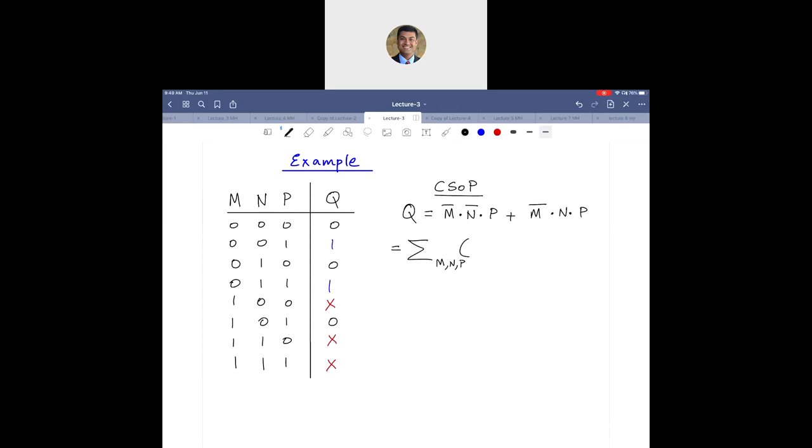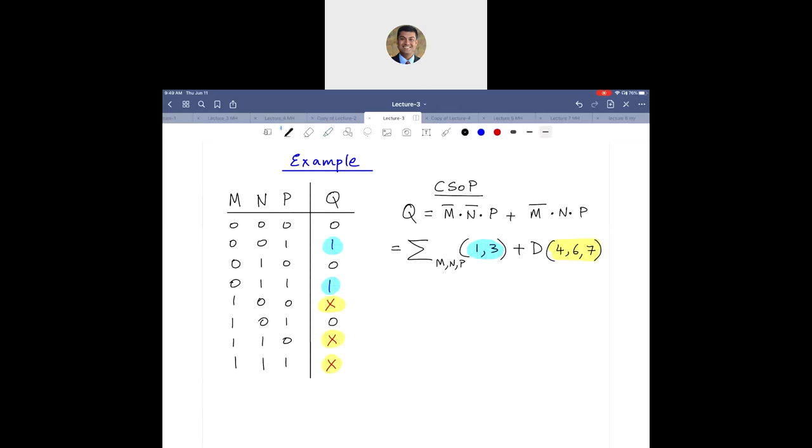I've got row 1 and row 3, but I also have to say that I don't care about input combinations for what is that, 6 and 7. So those three correspond to 4, 6, and 7. And these two guys correspond to that and that.